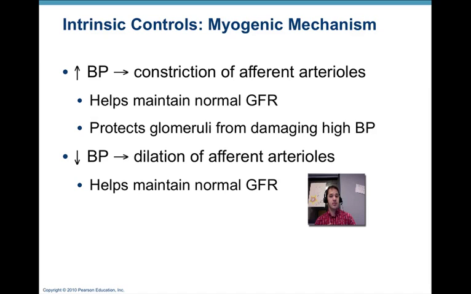So it tends to constrict and help maintain normal glomerular filtration rate. And this protects glomeruli from being damaged by high blood pressure, because high blood pressure is a risk factor for renal failure and it can damage your glomeruli. And basically the opposite happens with low blood pressure to maintain a normal glomerular filtration rate.